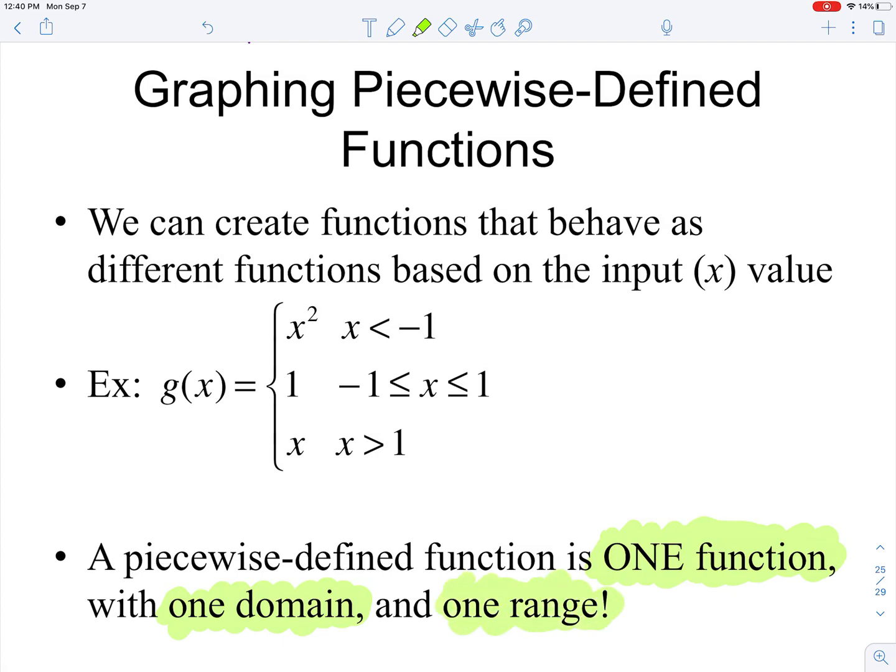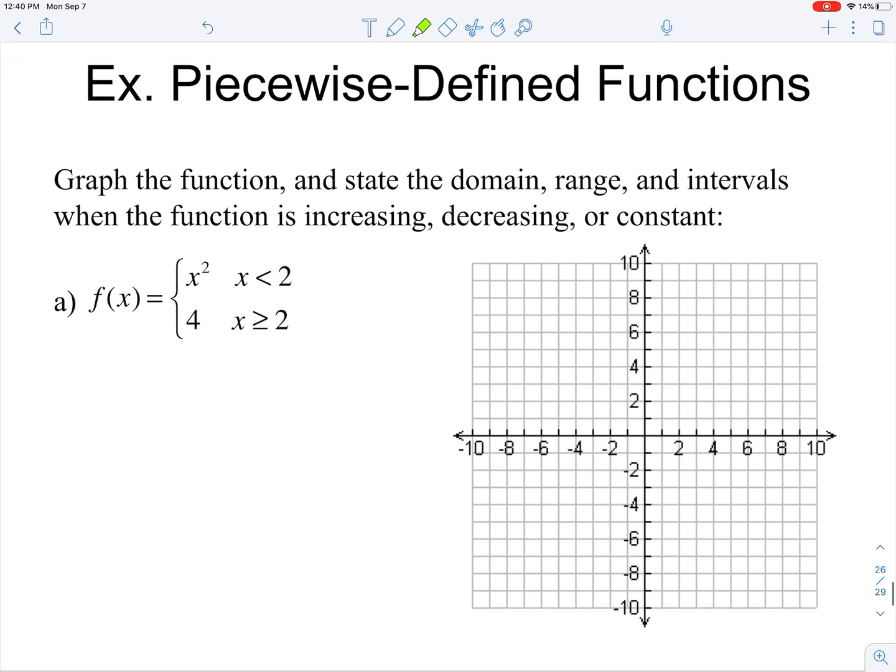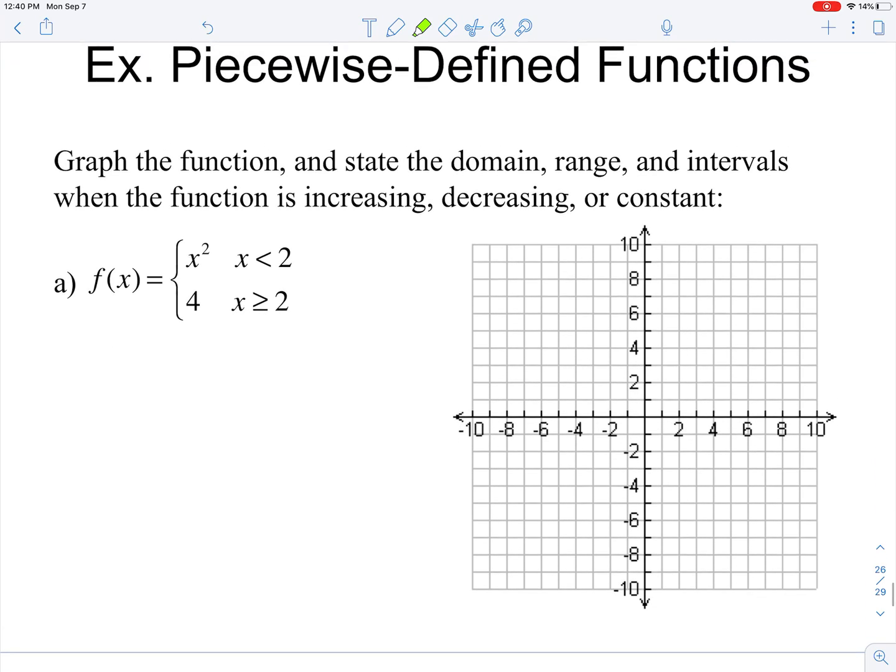Even though the function is made up of pieces of other functions, it's still one function. I've seen different approaches to teaching graphing piecewise defined functions. I think it's best to just go one piece at a time, to use the endpoints of the intervals to help you find points for where the graphs will end up switching.